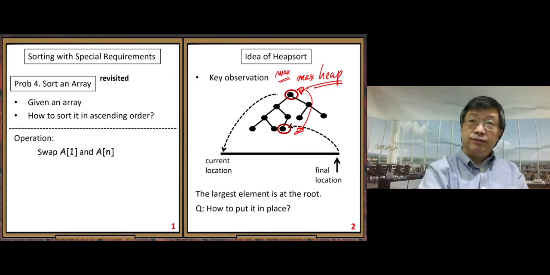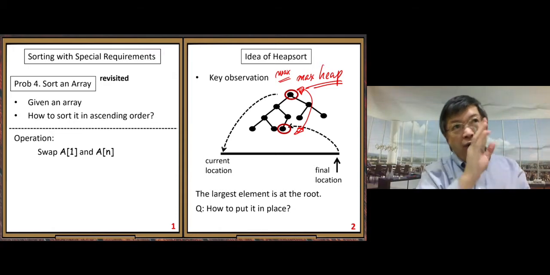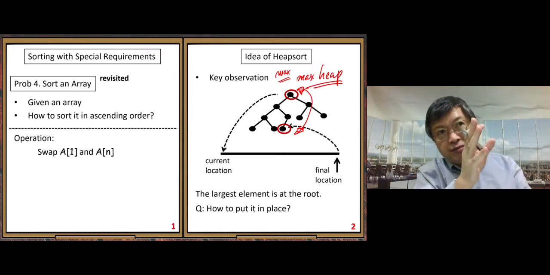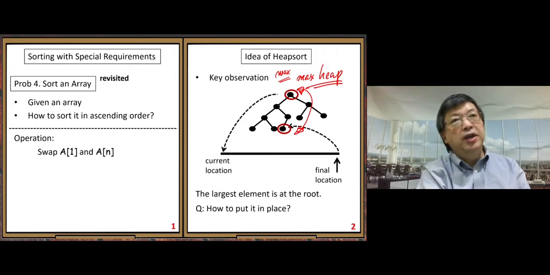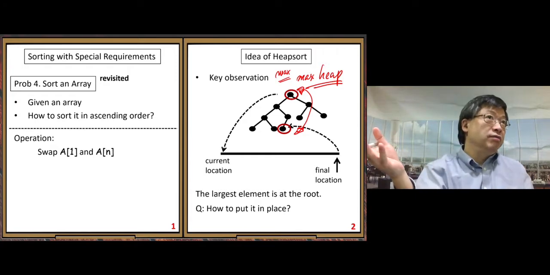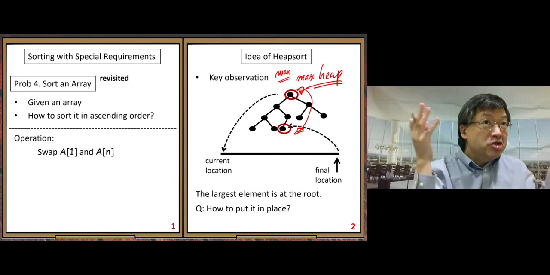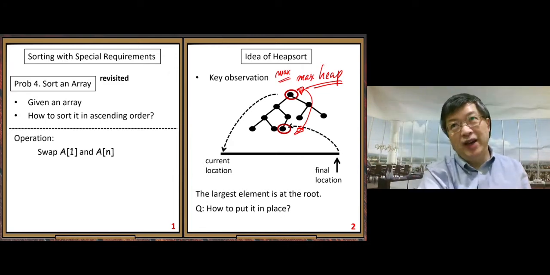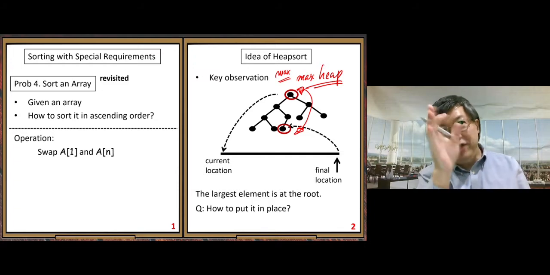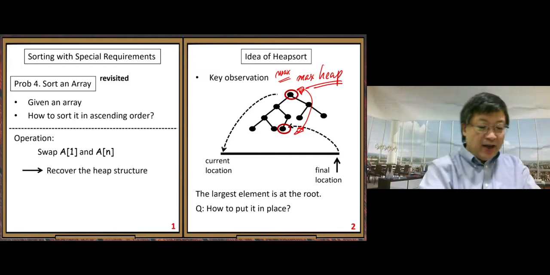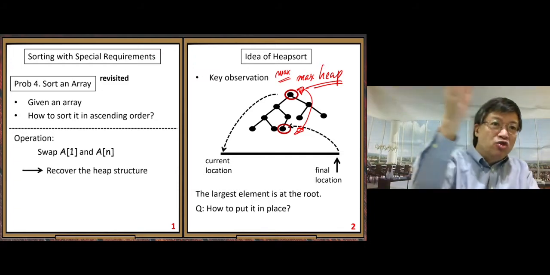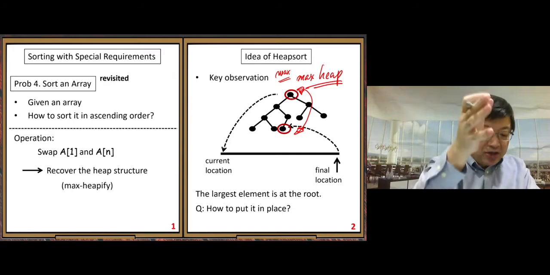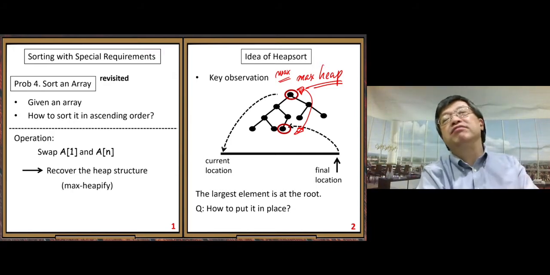But we can fix it. That operation breaks the structure we need, but we can fix it using the max heapify operation. So we recover the heap structure by the max heapify operation.